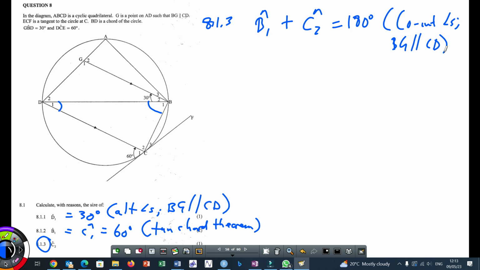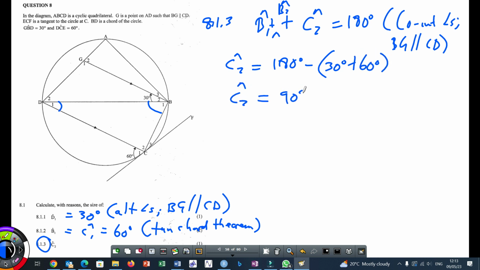Sorry, I wrote B1, it's supposed to be B1 plus B2, so let me add B2 here. So C2 is going to be equal to 180 minus 30, and B1 we got as 60, so that will be minus 60. So C2 is going to be 90 degrees.